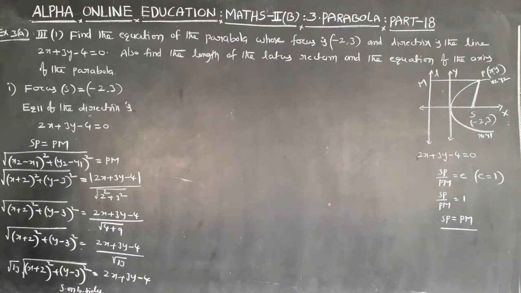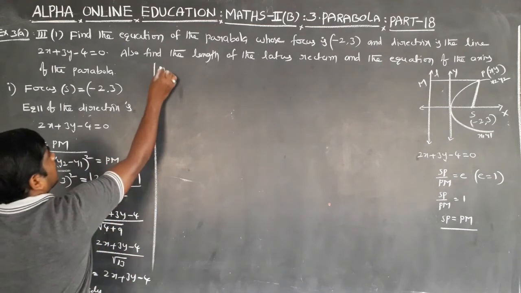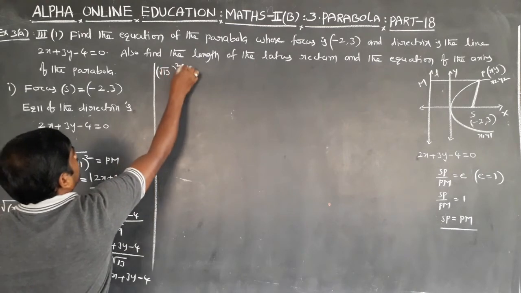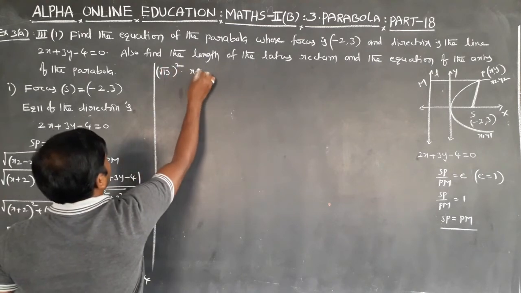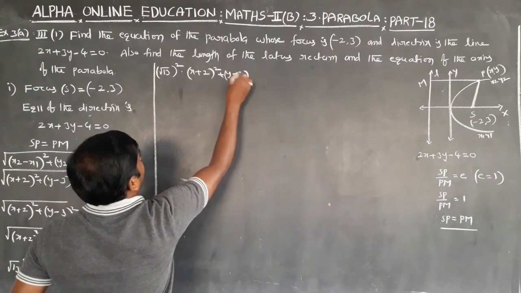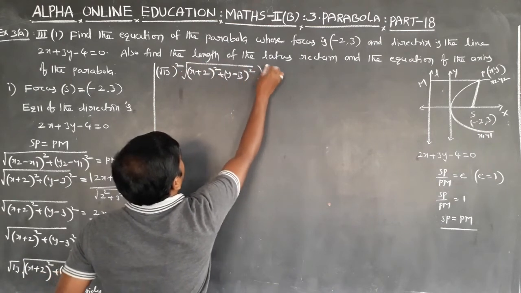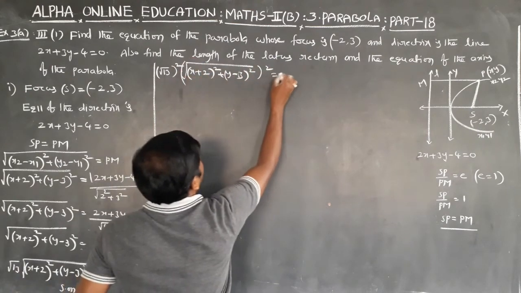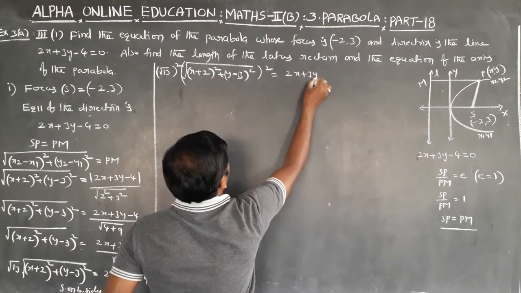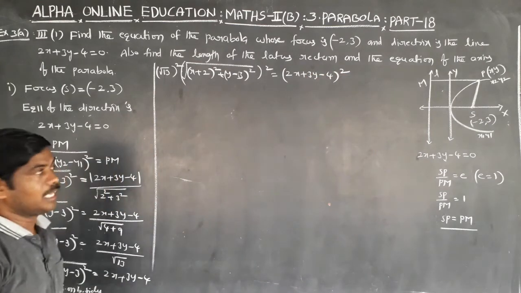Root 13 whole square into under root whole square is equal to (2x + 3y - 4) whole square.